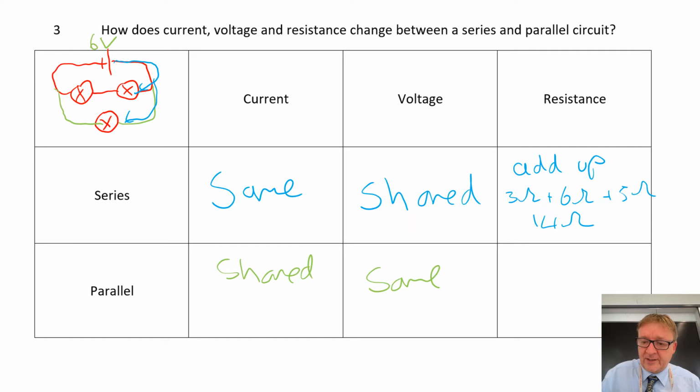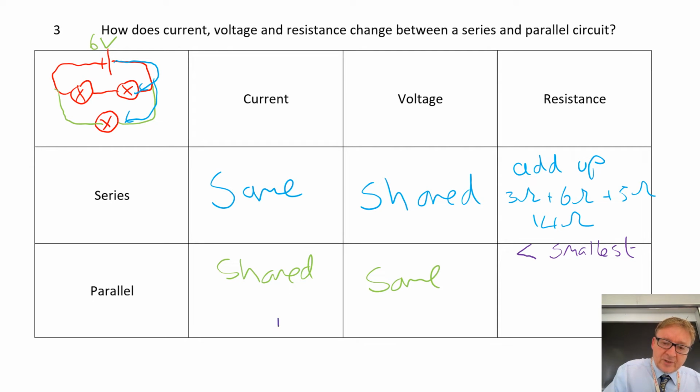Resistance for this one is a little bit more complicated, in the fact that the resistance in a parallel circuit is sometimes called less than the smallest. So if you've got, let's say, 2 ohms, 3 ohms and 7 ohms, the resistance in a parallel circuit is less than the 2 ohms.